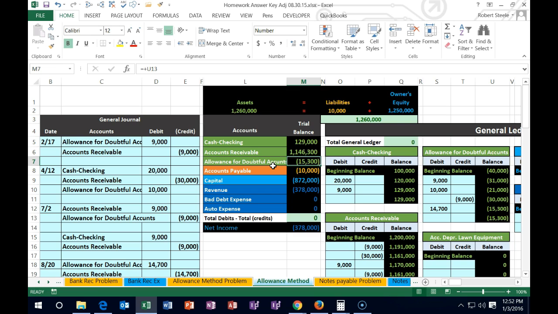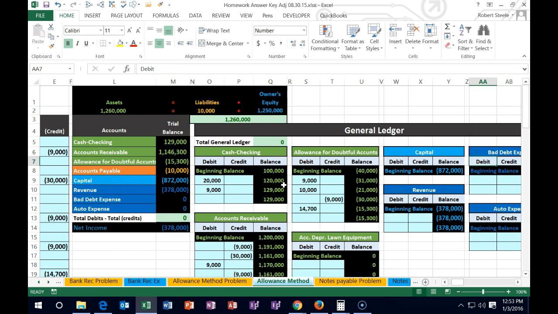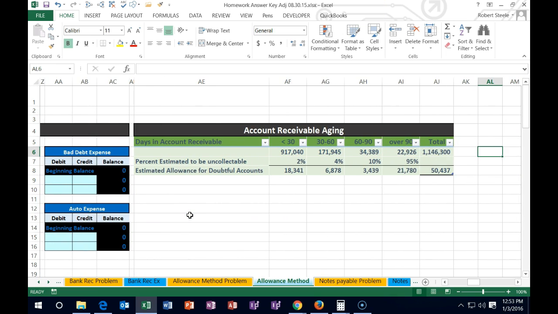This is kind of the idea of where we might come up with what that number should be. So if we had an aging, note that what we have here is 1,146,300 in the receivable. If we broke that out to some type of aging, meaning we're trying to find out how much of the receivables are still due, how much are over 30 days, between 30 and 60, 60 and 90, over 90.